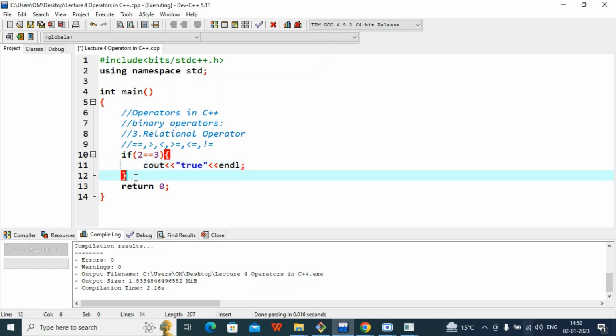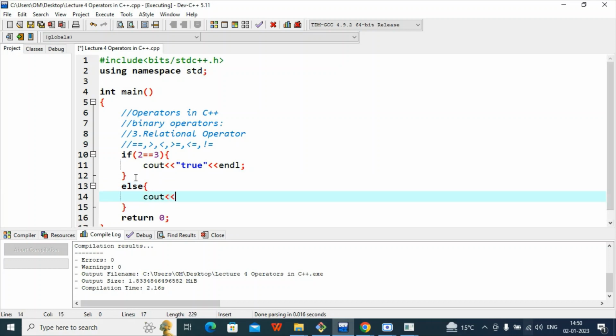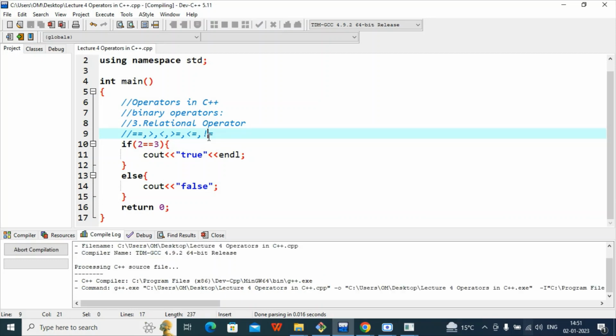Suppose I'm writing this, and in the else part I'm writing cout false. I'm saying if 2 equals 3, then print true. Let us see what it will print.